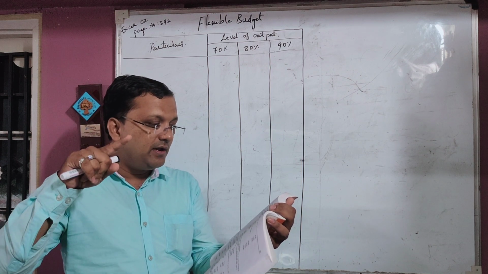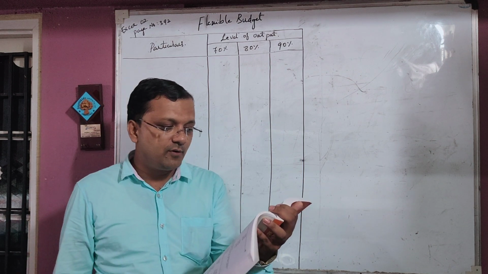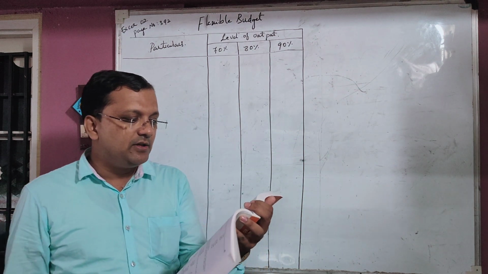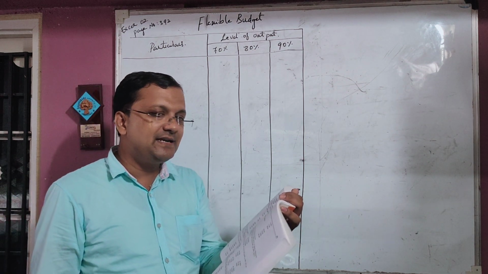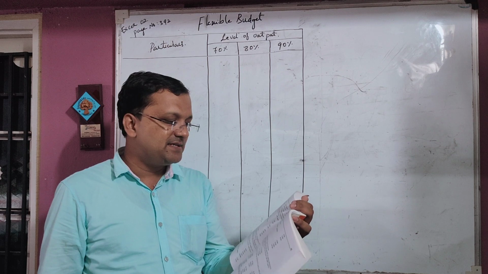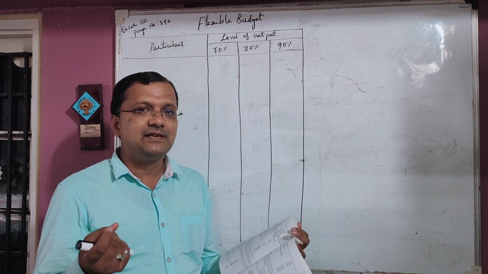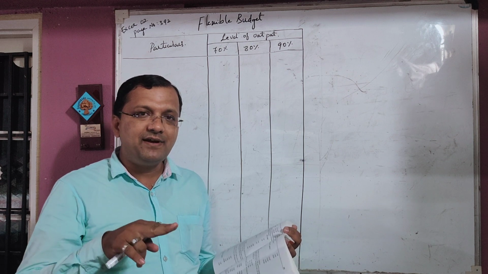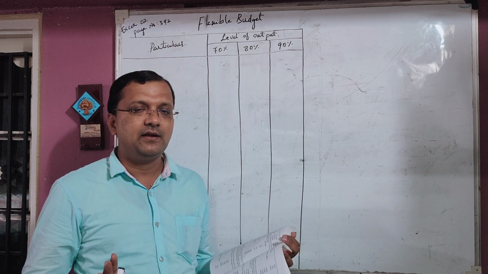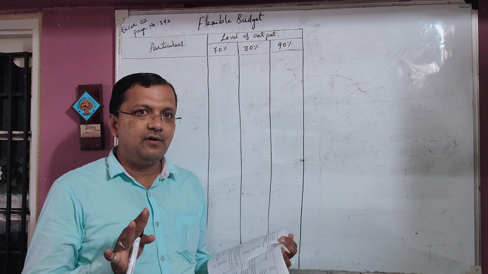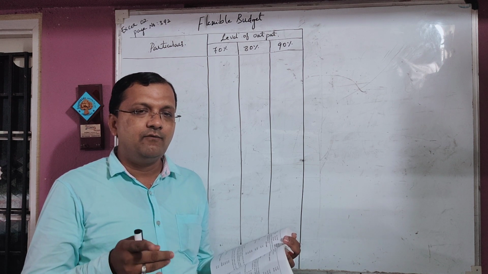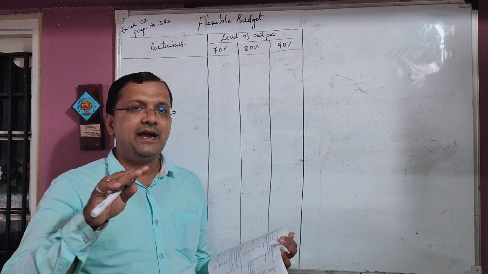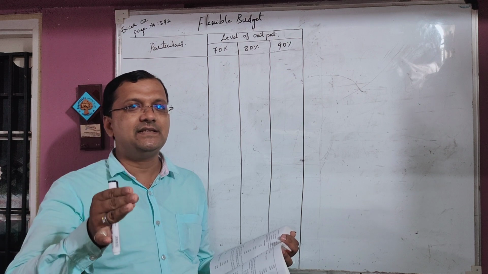In the heading itself: draw a flexible budget for overhead expenditure on the basis of the following data at 70%, 80% and 90%. They have asked for 70, 80 and 90, but only 80 is given. Since 80 is given, 70 and 90 you need to calculate. Ascertain the total cost for 70% and for 90%, with 80% given.